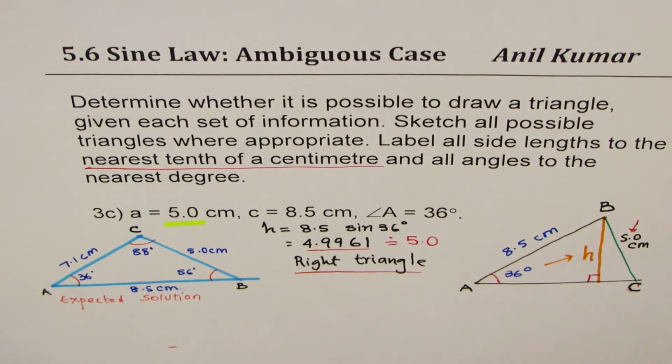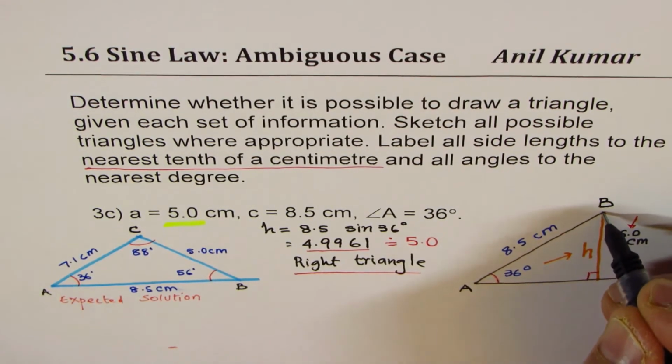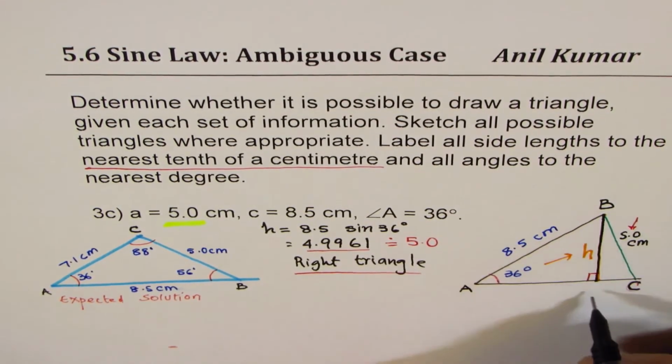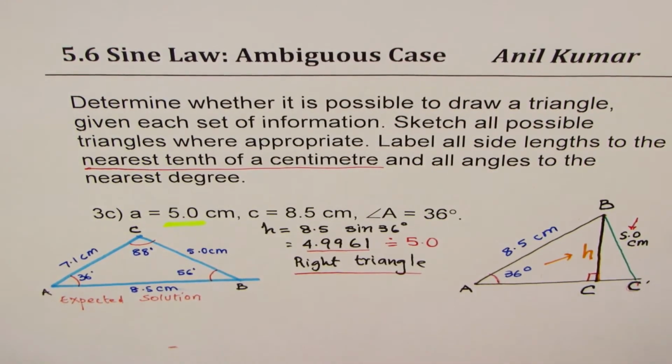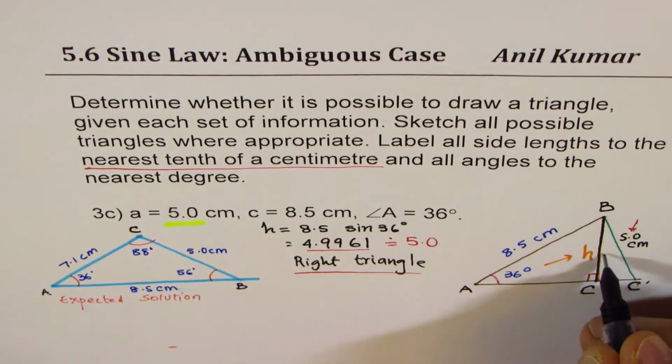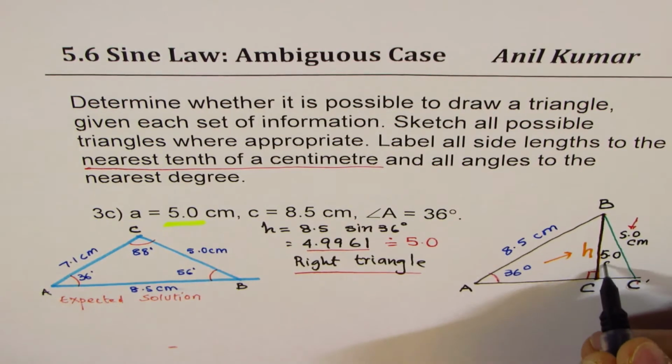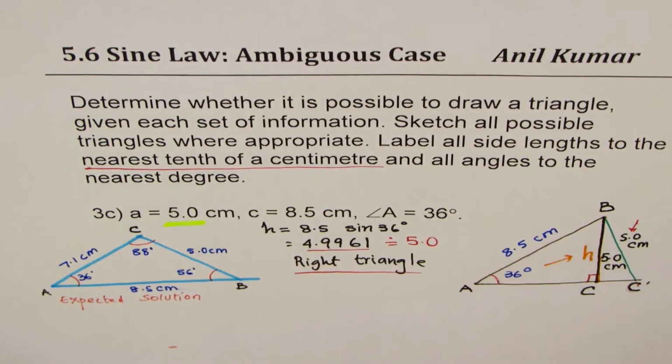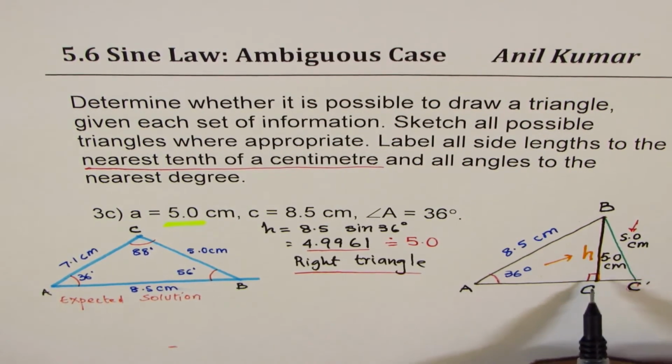So therefore, the triangle which I'm going to sketch is like this. C will come here. Let me call it C dash. And this side is 5.0 centimeters. Perfect, because I did all this calculation. So we come up with only one triangle, which is a right triangle at C.